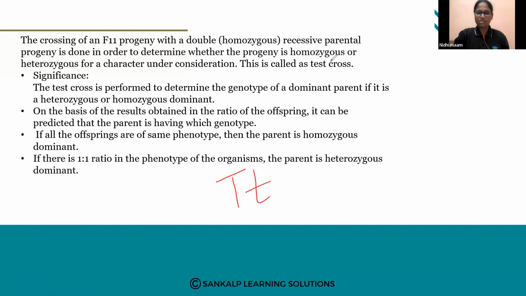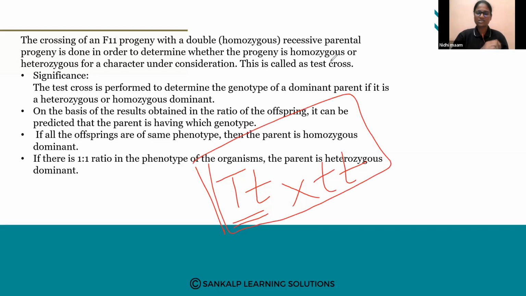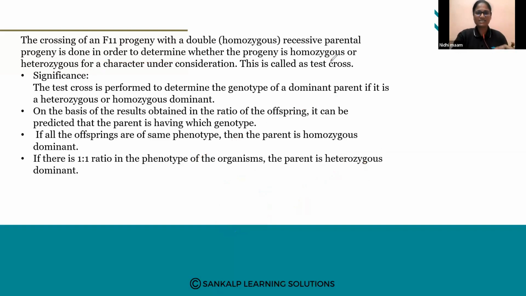Crossing this F1 generation with the homozygous recessive parent is called a test cross. It is done in order to determine whether the progeny is homozygous or heterozygous. To identify whether the progeny in F1 is homozygous or heterozygous, we do this test cross.